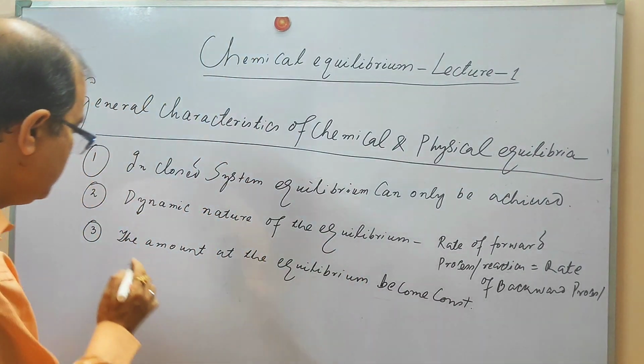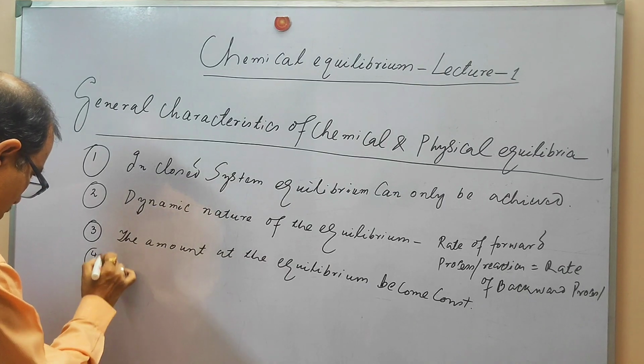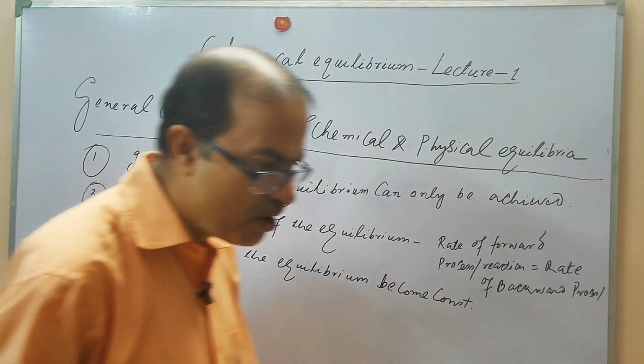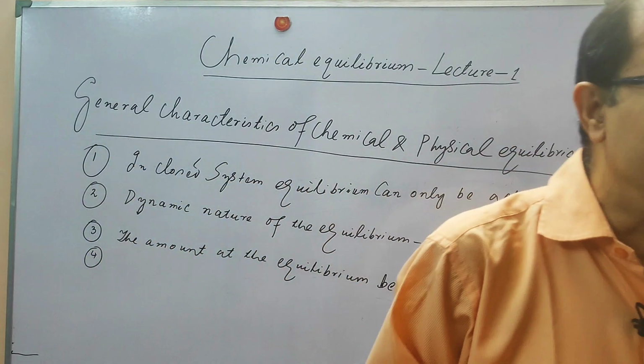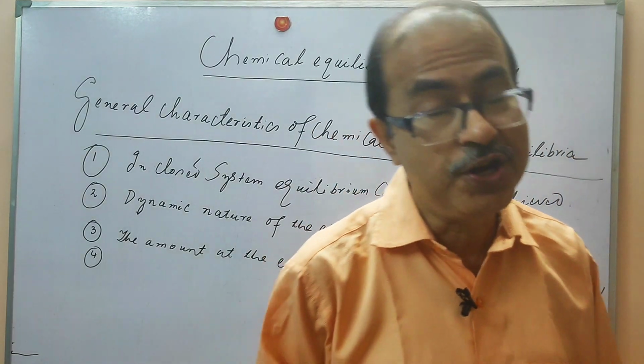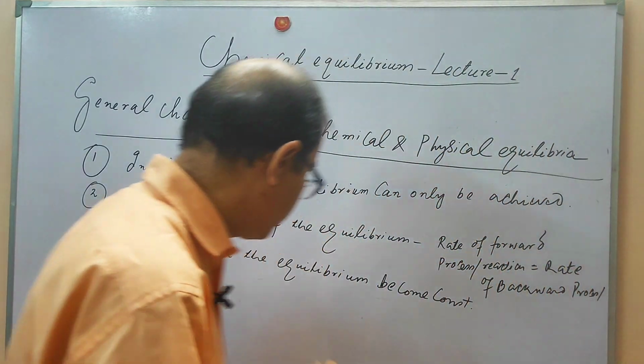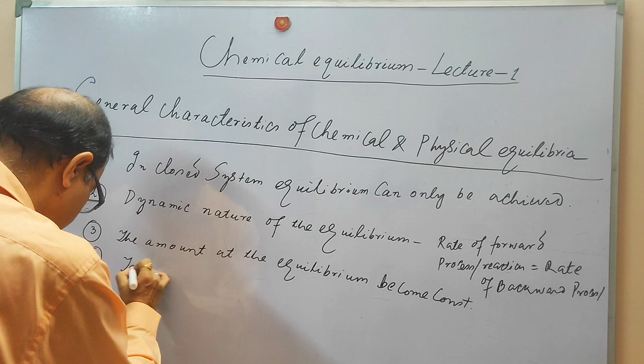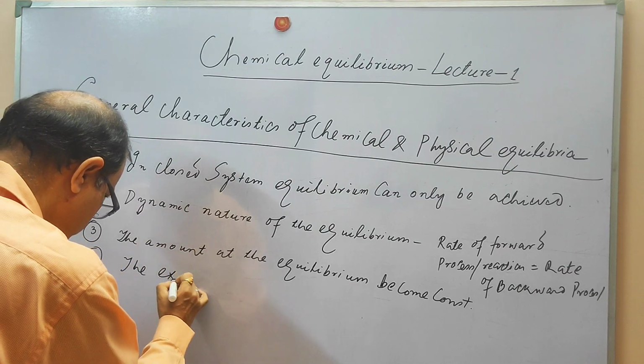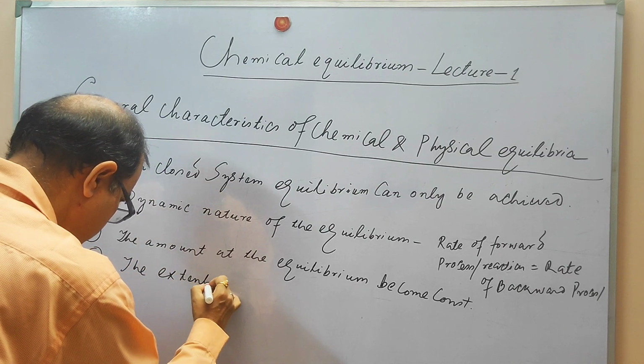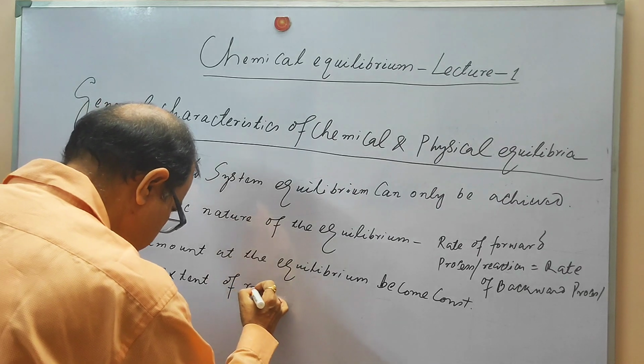In this way, everything is constant. From this amount at the equilibrium point, we will be able to understand the very important thing, the extent of the reaction.